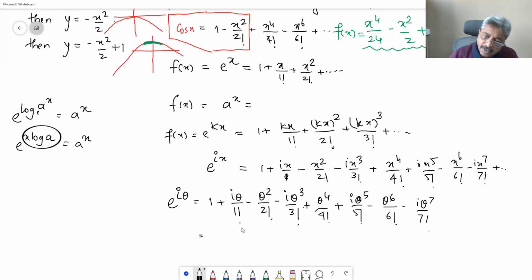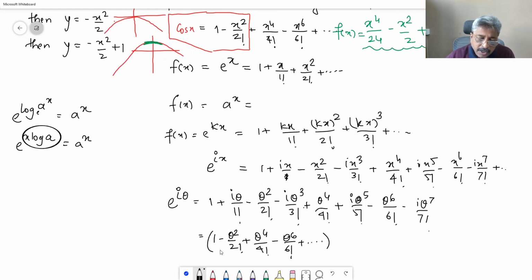And now if I really combine the real and imaginary parts, 1 minus theta square by 2 plus theta raised to 4 by 4 minus theta raised to 6 by 6 factorial plus dot dot dot.